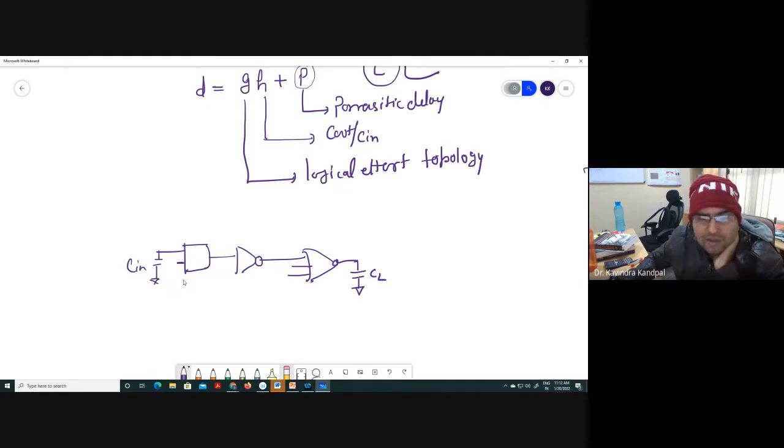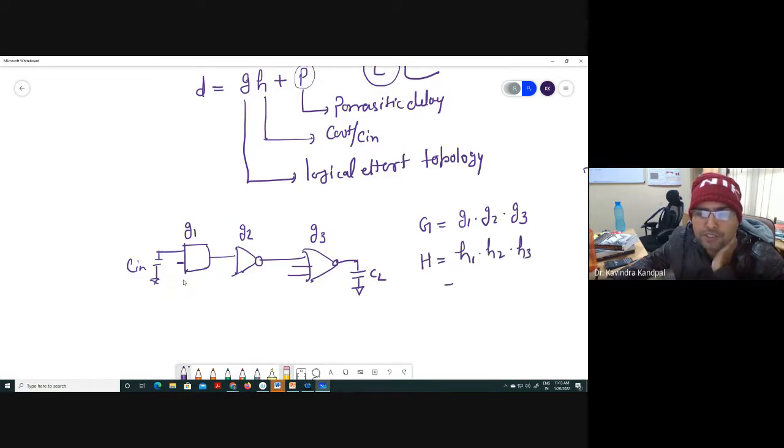If this gate has a logical effort G1, this has G2, though you know the G2 is unity because it's a NOT gate, and this is G3, then the path logical effort will be how much? G1 into G2 into G3. Similarly, path electrical effort will be H equals H1 into H2 into H3, which effectively comes out to be how much? CL divided by C in.